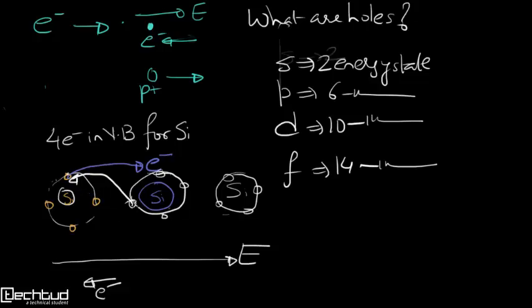This is the vacant state. Since the atoms are tightly packed, the electrons at this silicon atom will have a tendency to go to this vacant state. So you are seeing the electrons moving in this direction, but suppose you see a bubble analogy.